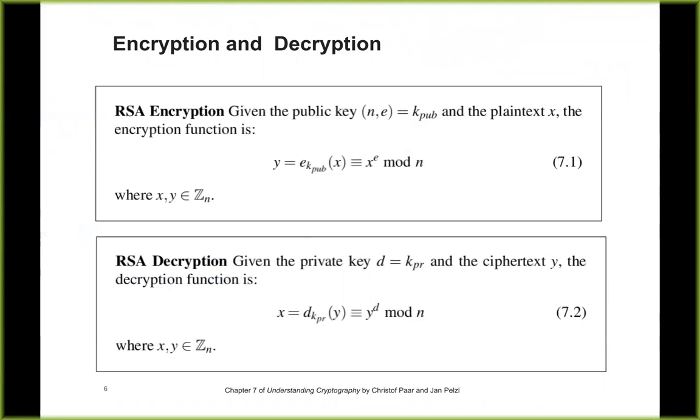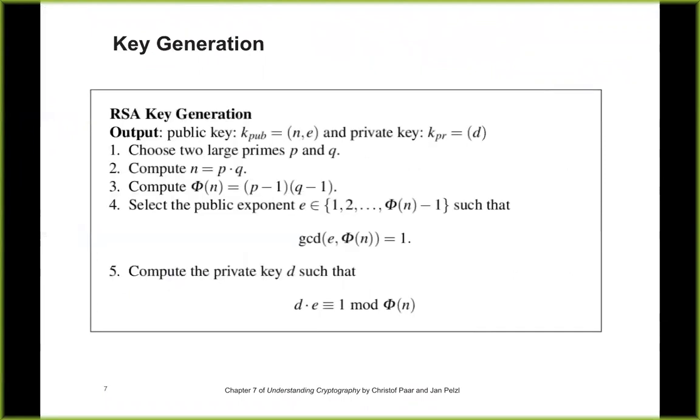Anyway, so key generation goes like this. The public key is these two numbers, N and E. That's what you publish. And you make a private key of D, which you calculate, but you don't tell anybody. So you start by choosing two large primes, P and Q. You multiply them together, and that's N. Then you compute phi, which only you will know, P minus 1 times Q minus 1.